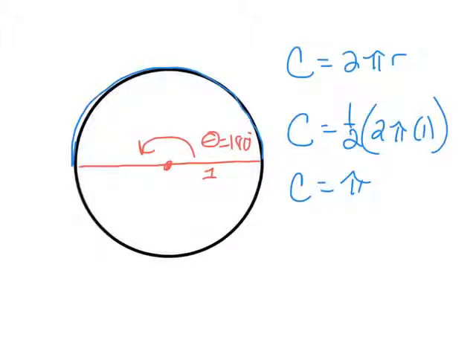What this lets me do is directly relate an angle measurement to a distance. That is not something we could do with degree measurement. Remember, degree measurement is rather arbitrary. It's just taking a circle and chopping it up into 360 little bits. Radian measure proves to be much more useful to us in science applications and physics and modeling applications. So that's why we want to get really used to working in radian measure.